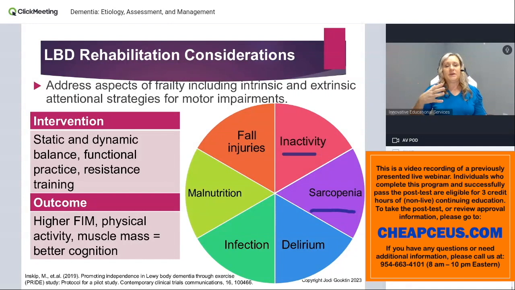Then they had them participating not only in balance training, but adding a cognitive component to the balance training. So they were reaching outside the center of gravity while holding a cup, which makes it functional and relatable for that individual. They had an image with colored magnets in a pattern, and as they were doing their balance training, they had to move those magnets to match that particular pattern. And then they did some other activities.